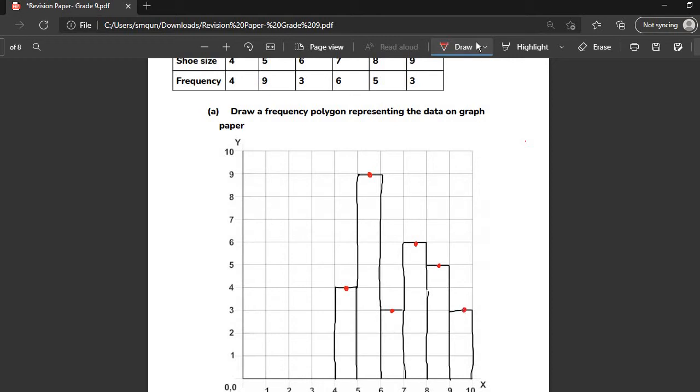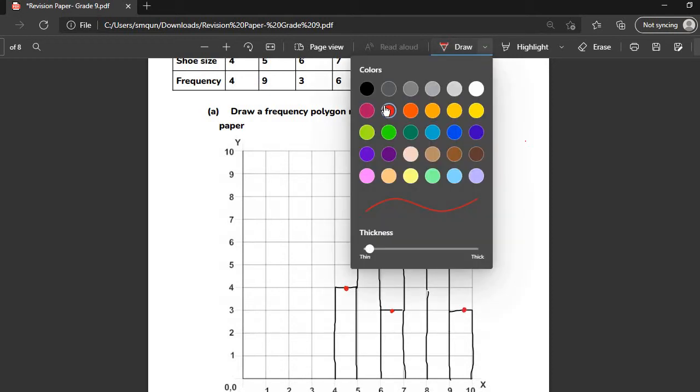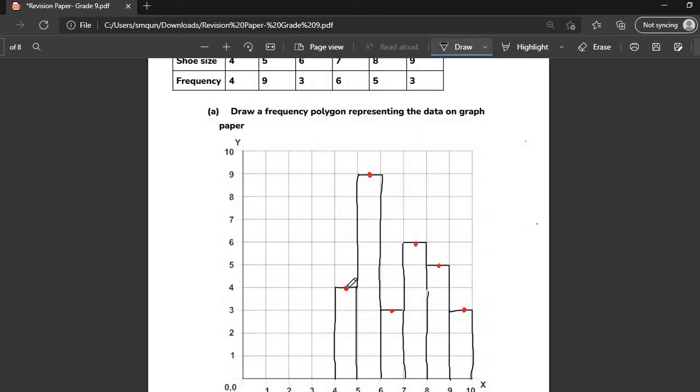Once you're finished with that, you're going to draw a line to connect each midpoint. These lines are not the best, but you get the idea. Just use a ruler for this part.